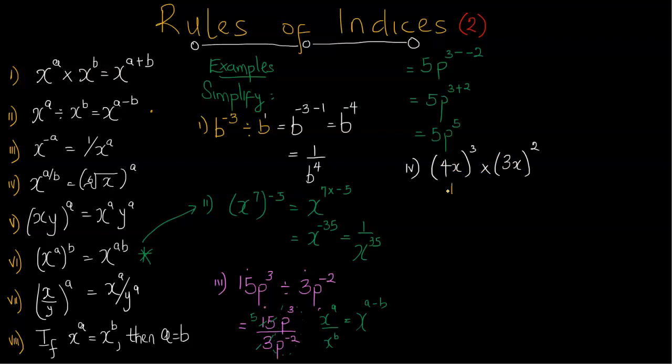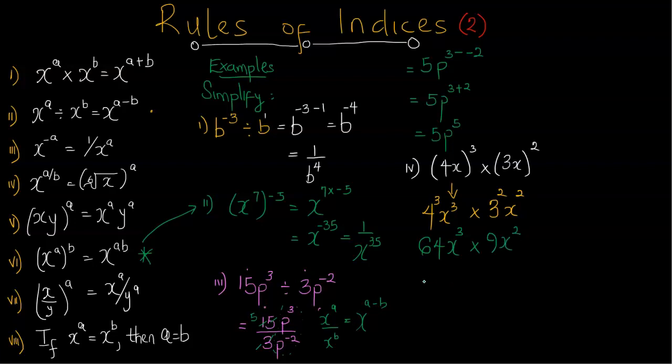So 4x all cubed is going to be written as 4 cubed x cubed, going by law 5. Similarly, 3x all squared would be 3 squared x squared. So right here we know that 4 cubed is 4 times 4 times 4, that's 64. Then x cubed times 3 squared is 9. Then we've got x squared.